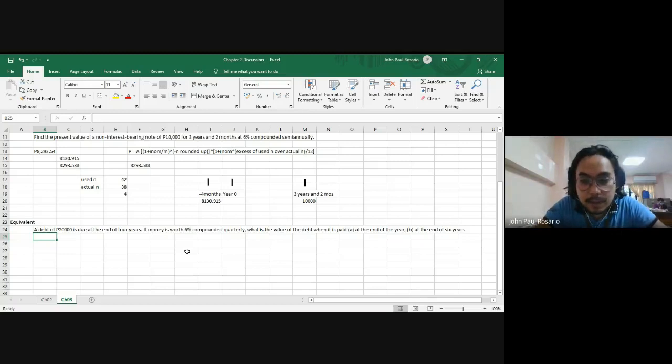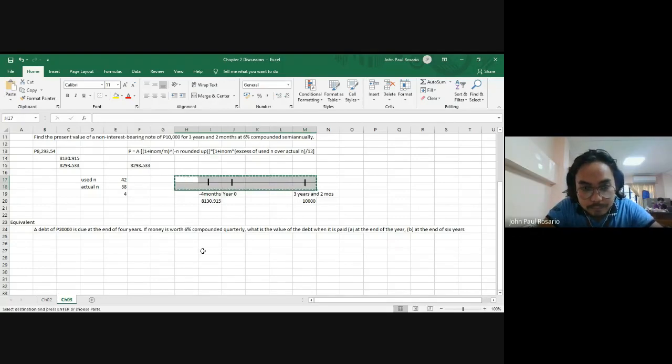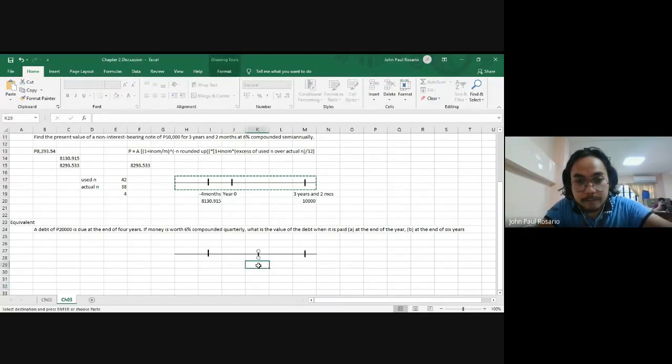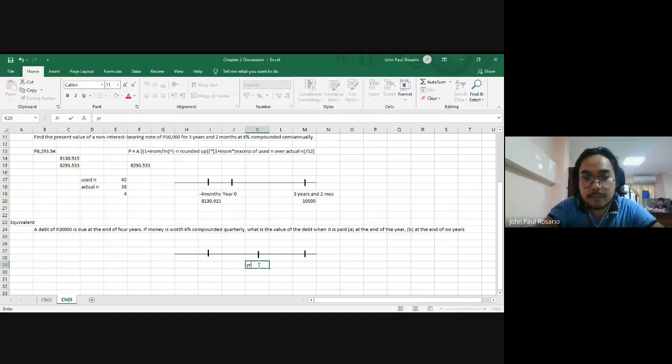So this problem, guys, we will also copy onto a timeline. Very good. Now, the debt is due at the end of 4 years, right? So year 4.